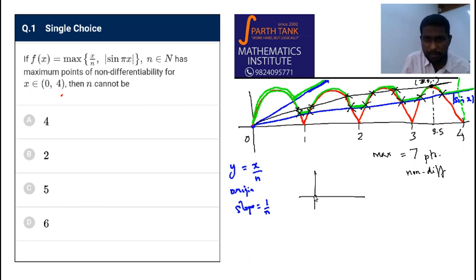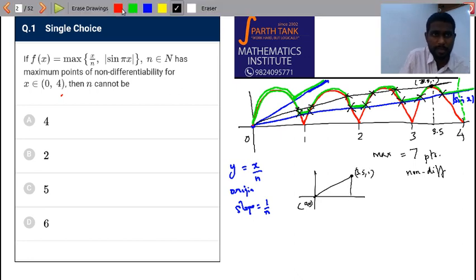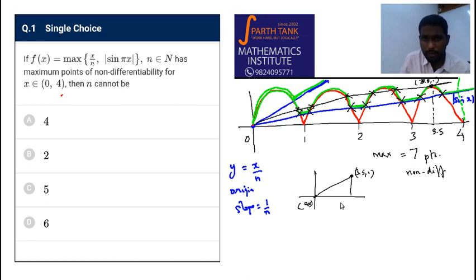This limiting line you can find easily. It is passing through the origin, and it is also passing through 3.5 comma 1. So how to find such a line? This is basically the two-point form: (y minus 0) by (1 minus 0) is equal to (x minus 0) by (3.5 minus 0).